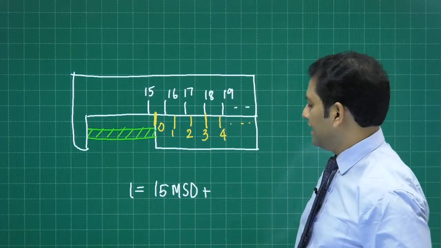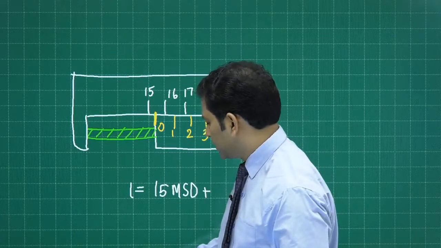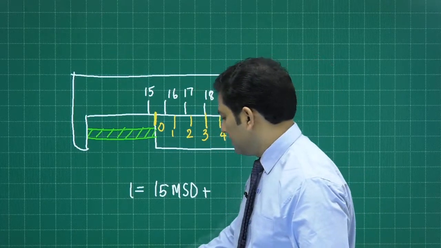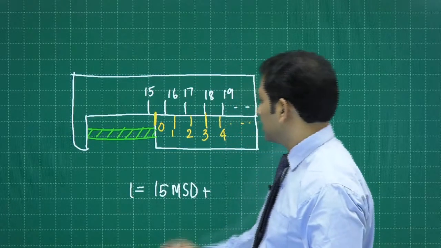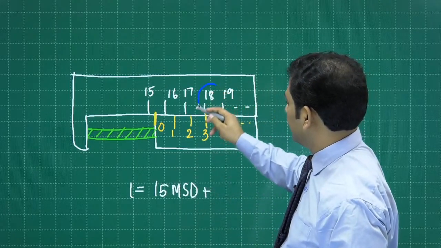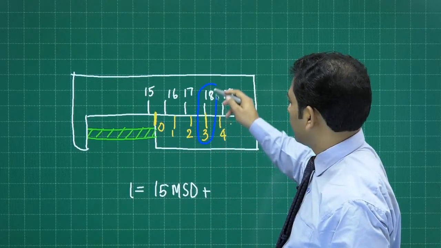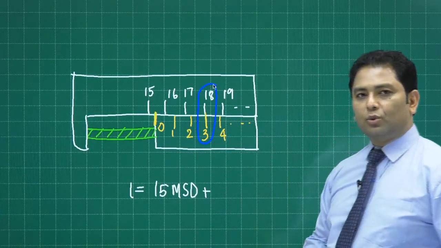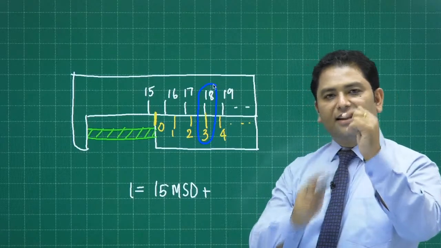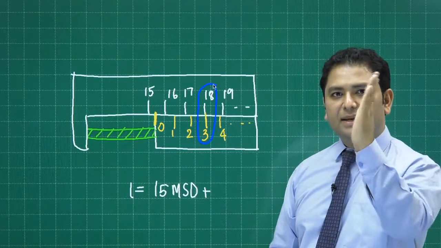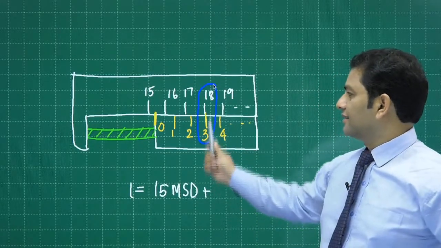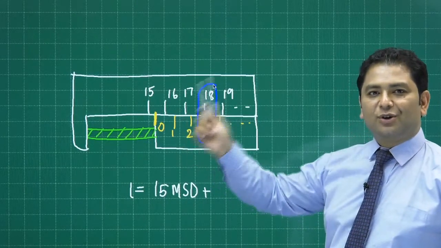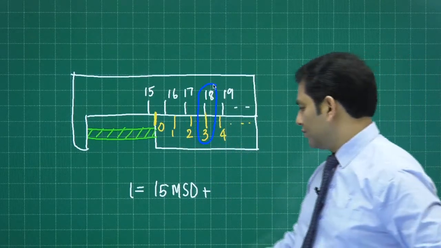Plus, there is a very important thing which you need to take care of. Just have a look here. You would certainly find a point where a vernier scale division will coincide with the main scale. Just see, the third vernier scale division is coinciding with the main scale, the third one.